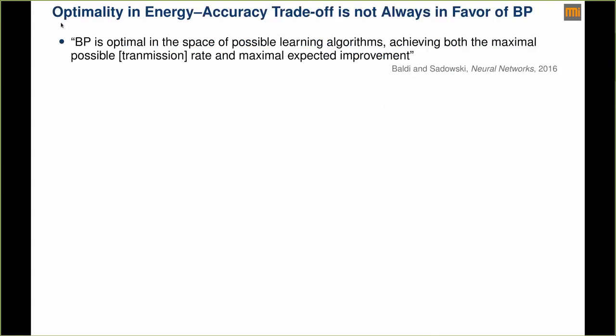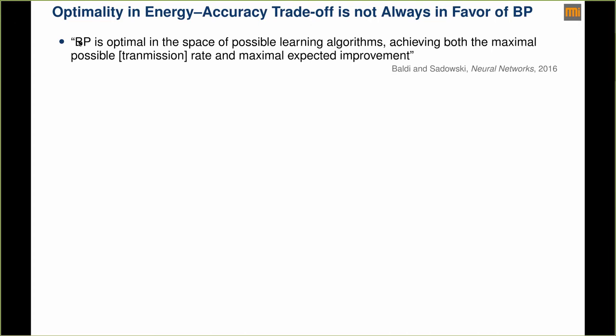And with this said, I'd like to dispel one point, and I hope that this will bring in some discussion later on, which is that, well, if we're building hardware and we're implementing gradient backpropagation anyway, aren't we just fooling ourselves and being misguided by the fact that backpropagation is optimal? And in fact, it is.